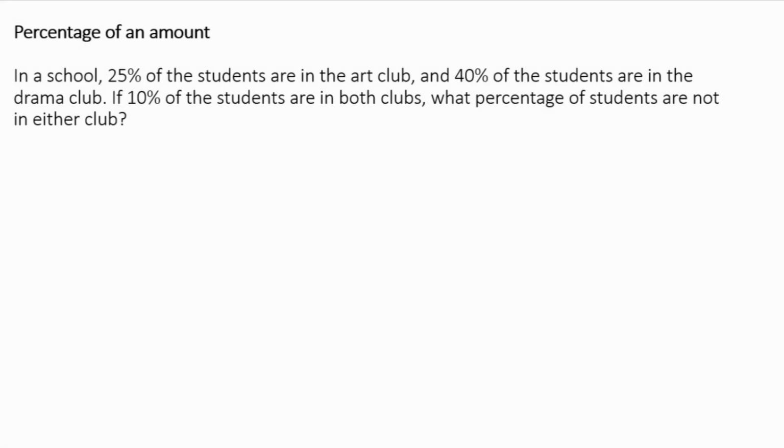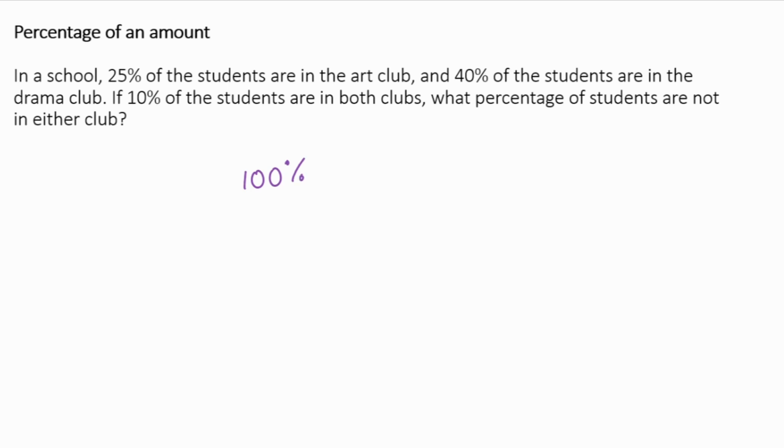In this question, 25% of the students are in the art club, 40% of the students are in drama club. If 10% of the students are in both clubs, what percentage of students are not in either club? So we have to remember altogether, the students in the whole school account for 100%.